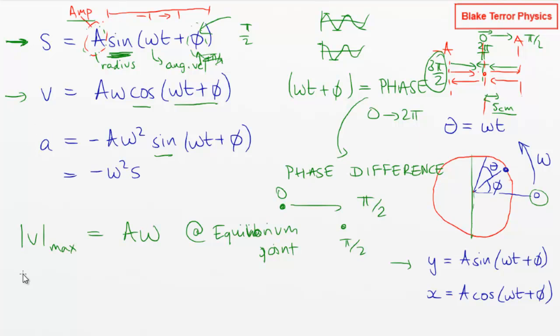Now we can look at the acceleration. Our maximum magnitude of acceleration is going to happen at the same points that we've got maximum displacement, because we've got a sine function again. So that's going to happen at the amplitudes. And that maximum acceleration is going to be minus A omega squared. So all of this stuff is just dropping out. Of course, whatever direction the displacement is, the acceleration is in the opposite direction, because we've got this minus sign here.